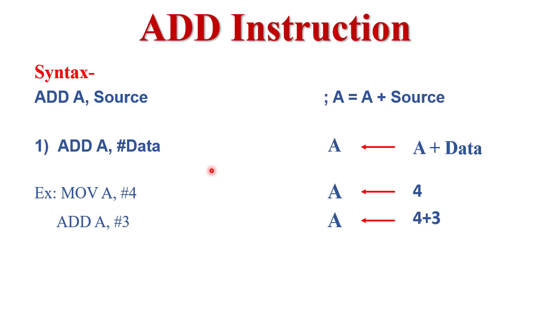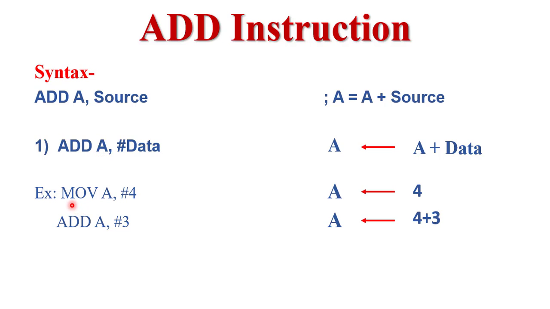One data is stored in the accumulator and another data is specified using one of the addressing modes. In this instruction we use immediate addressing mode, where the immediate data is mentioned in the instruction itself. So this immediate data is added with the content of the accumulator and the result is stored in the accumulator. When we perform this addition, first we load a data into the accumulator register.